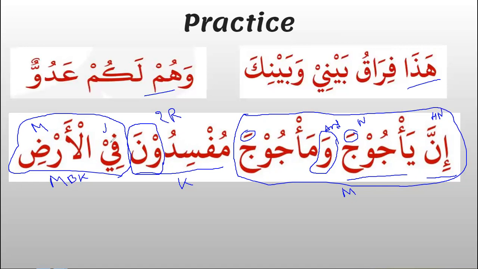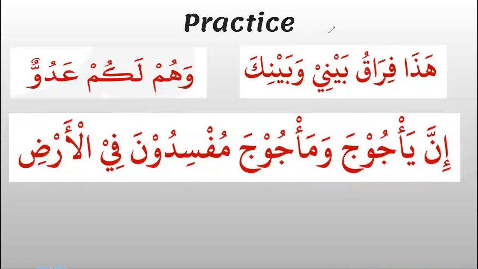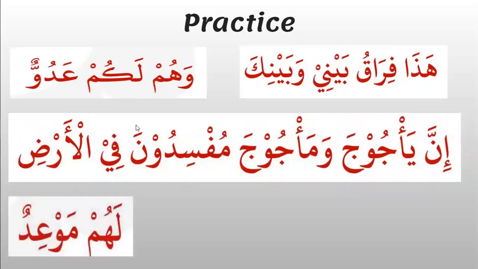Fi means in, right? In the. So you are getting it, right? Inna ya'juja wa ma'juja mufsiduna fil ard. If you know some vocabulary, it will be easier for you to translate or understand them. Ard means earth or world, right? You can say world or earth, anything. Same thing.